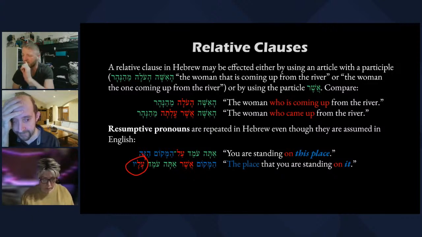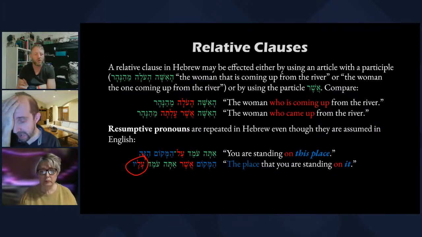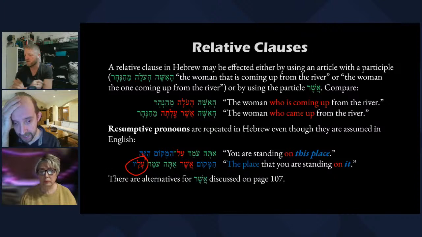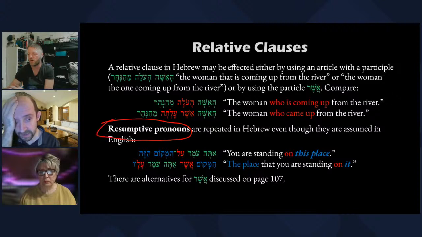We have to have the it. Even though in English we say the place where you are standing. In Hebrew, we have to use resumptive pronouns. And I know that that makes things awkward when translating into English. But if you speak Hebrew, it makes sense.